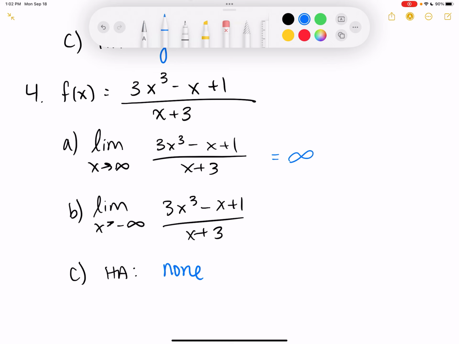Now the other one, I've got negative infinity going in. So let's just say 3 times negative 500 cubed over negative 500.